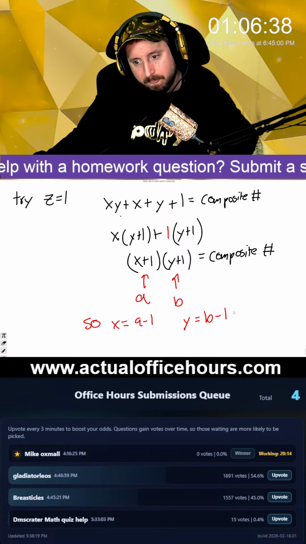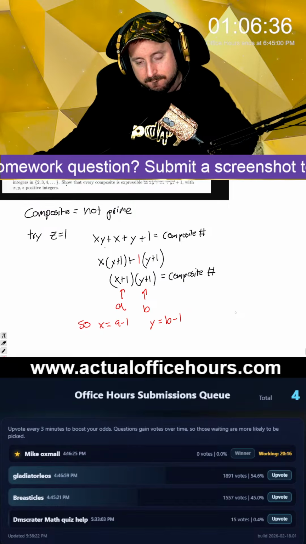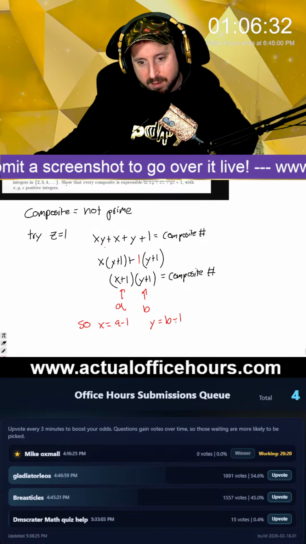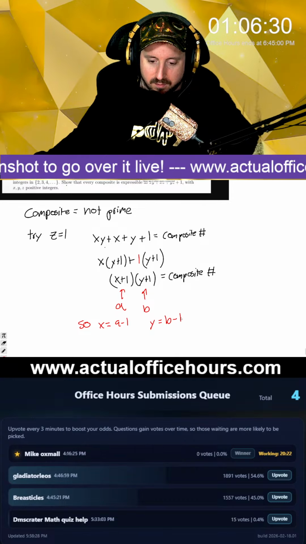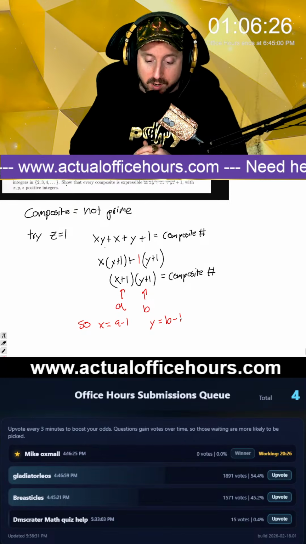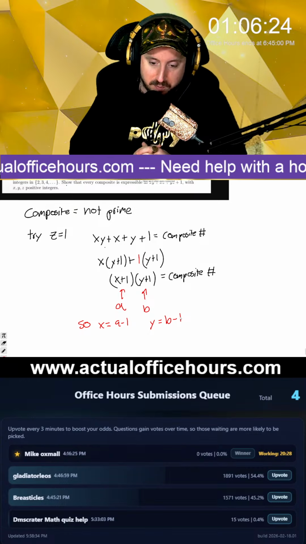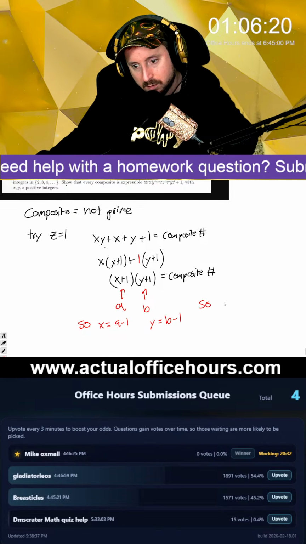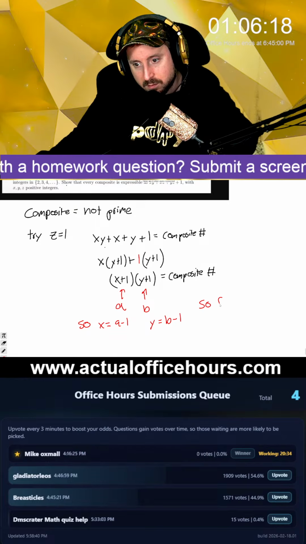Notice how a and b are integers greater than 1, because I can't have x being 0. So x and y are both positive integers.